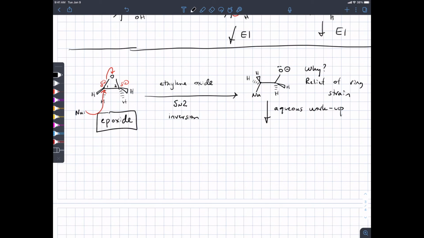The point of adding water at this stage, and sometimes your text will show you water as a second step, but all they're doing is protonating the negatively charged oxygen, and that will give you the molecule in which you have a nucleophile and an OH group on adjacent carbons. Sort of 1-2 substitution pattern of nucleophile and OH group.